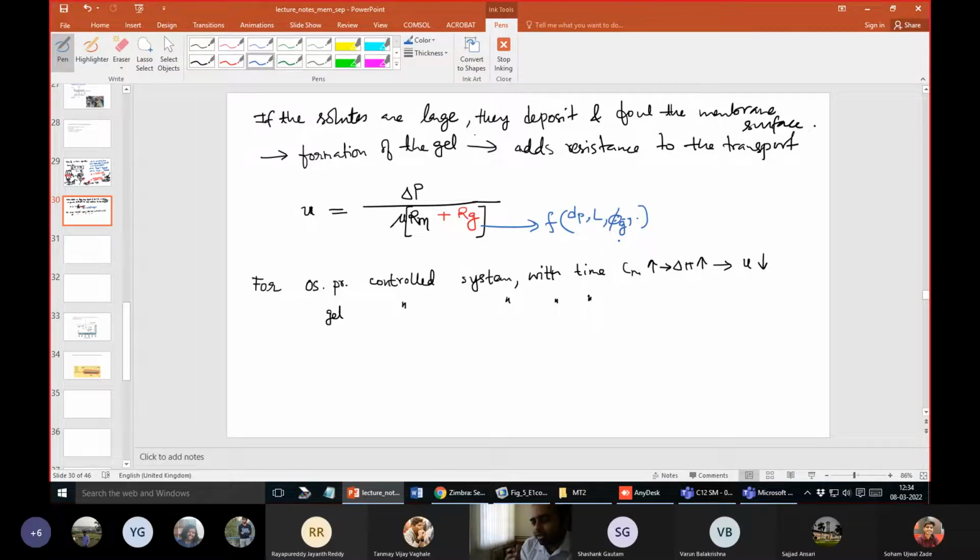And of course, since this is a physical layer of a semi-solid or almost solid region, it will also reduce the flow channel thickness. Anyway, with time, the thickness of the gel layer, let us say Lg, would increase, and that means the resistance offered by the gel region would also increase.